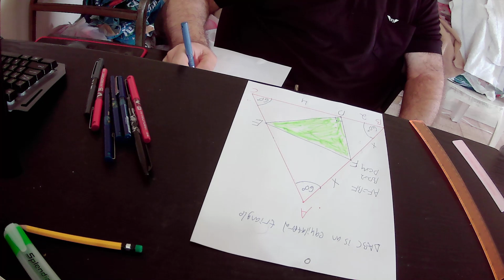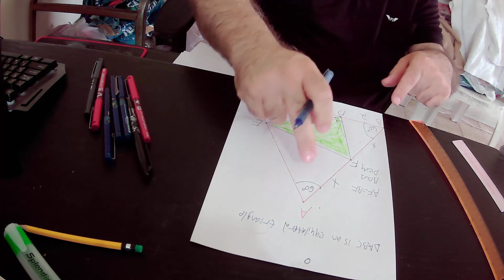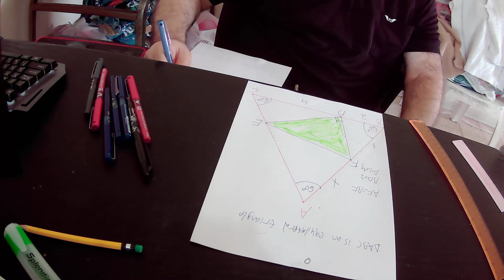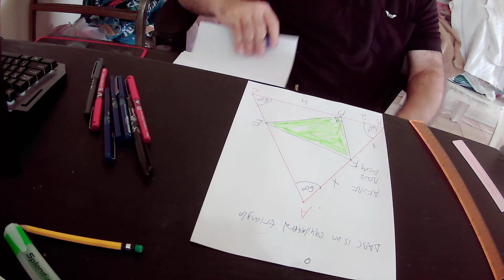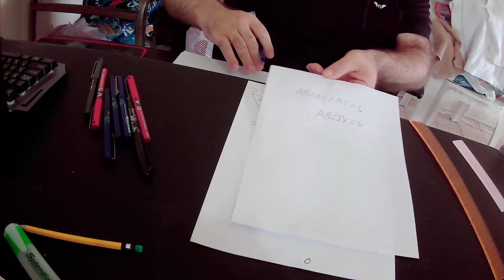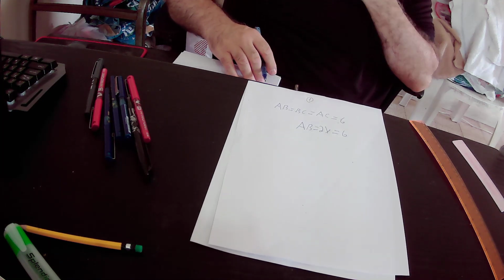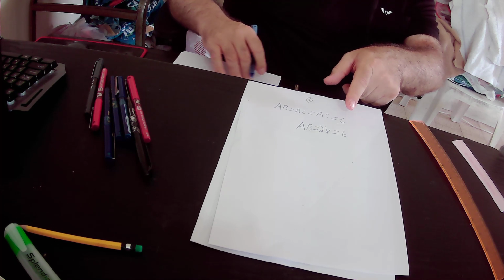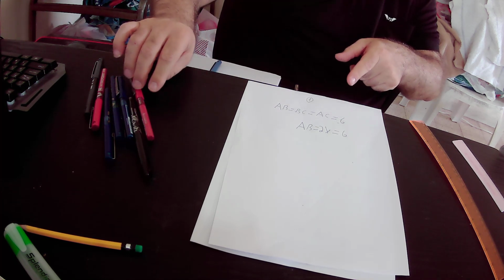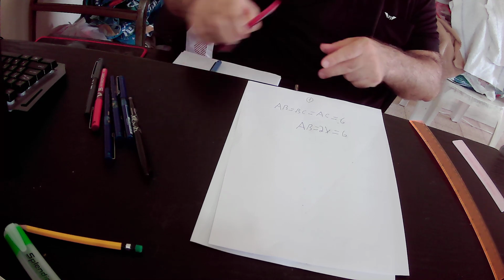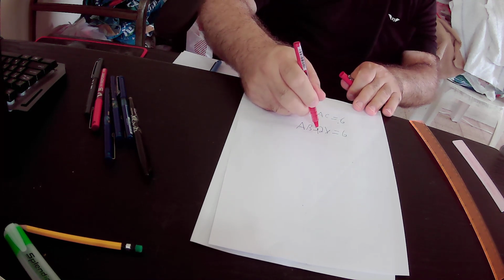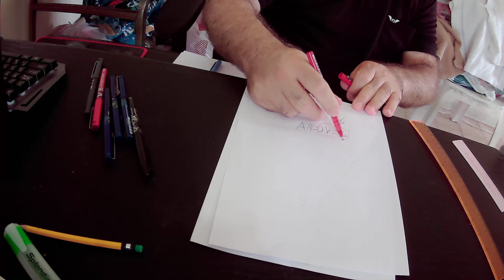for one side, but also we found that side AB equals 6 units. So we have this equality: AB equals 2x, that equals 6, so we can deduce that 2x equals 6 units.